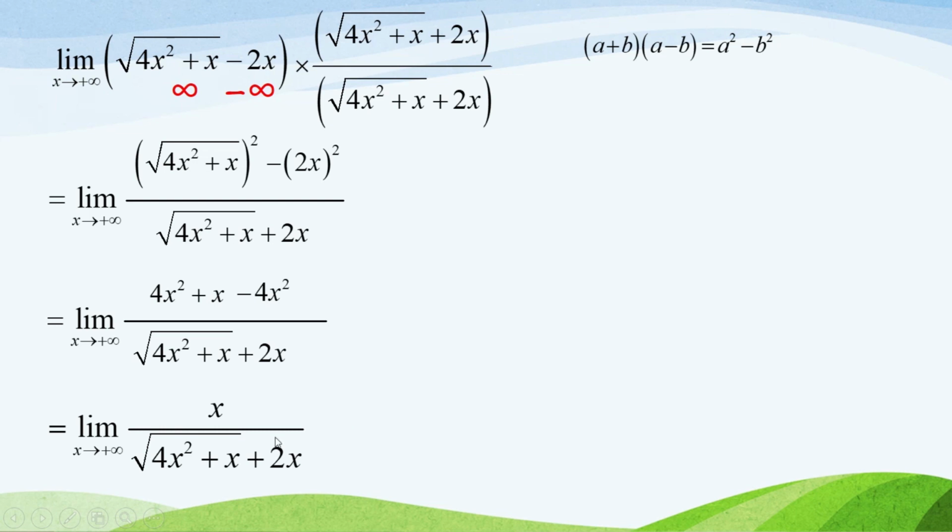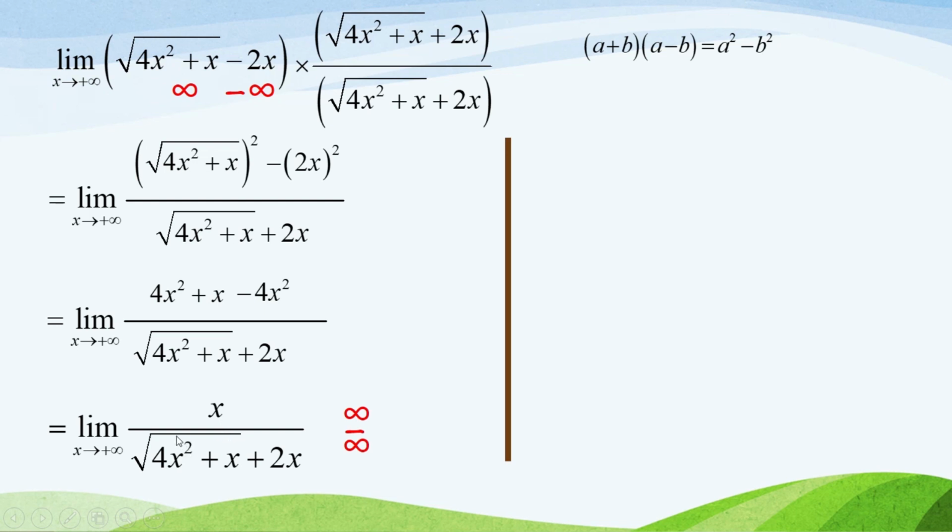When we substitute infinity in this limit, we get infinity for the numerator and infinity for the denominator. When the form is infinity over infinity, we must divide by the highest power of the denominator.